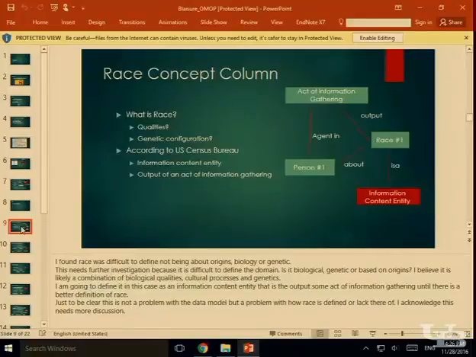I could see it being maybe genetic sequences that are common in a population, qualities that are common in a population. But from what I can tell, and this model is based around government collection of race and ethnicity, it's really just an information content entity that says something about the person, which I can't really define.